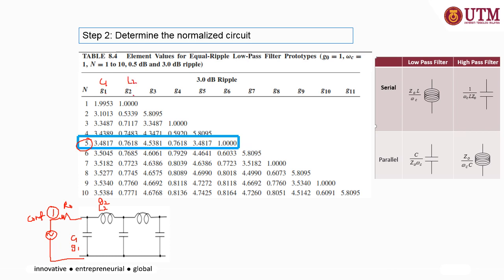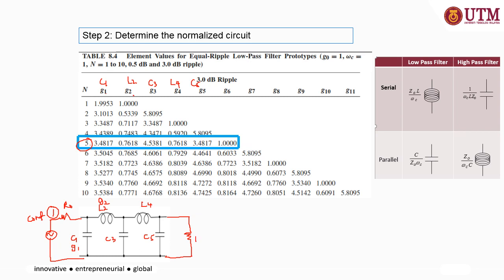You have 5, so the combination goes up to 5: L2, C3, L4, and then C5, and terminated with the load resistance.